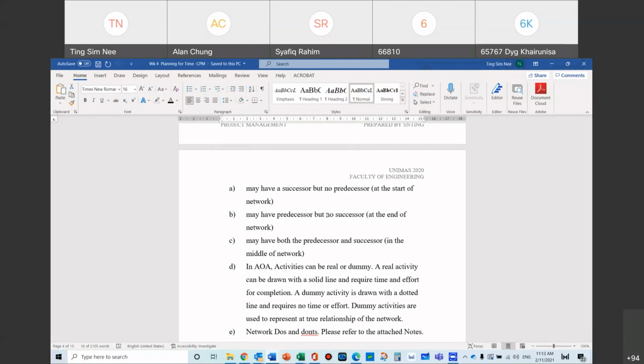And then when we come back on Tuesday next week, after the lecturer teaches you how to draw the Gantt chart, then we will move in and teach you how to draw the network and then how to analyze the network. After you have analyzed the network, we will give you more examples and exercises with more complicated networks. By the end of week 5, you should be able to do critical path analysis. Worst come to worst, beginning of week 6, we will still be revising the cost management.